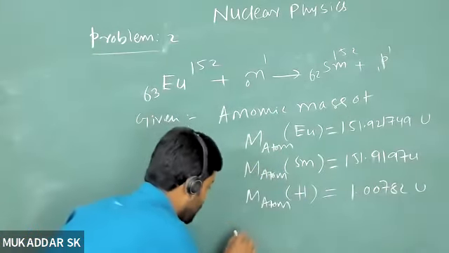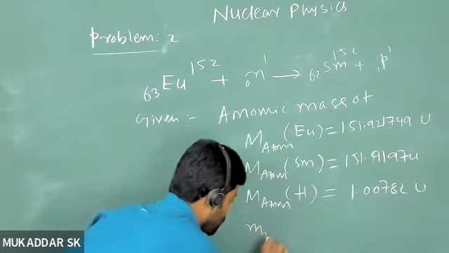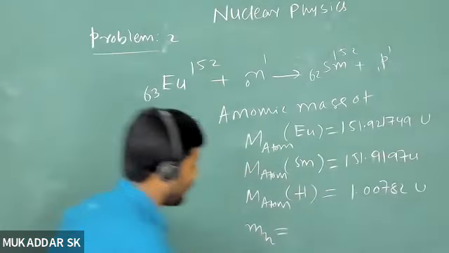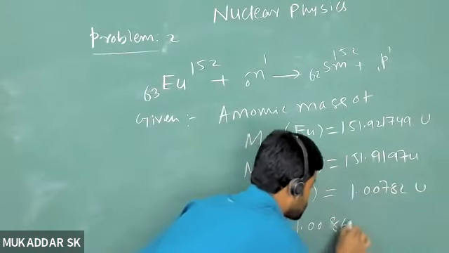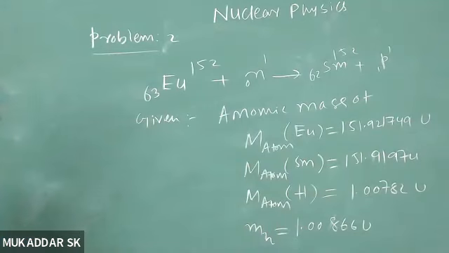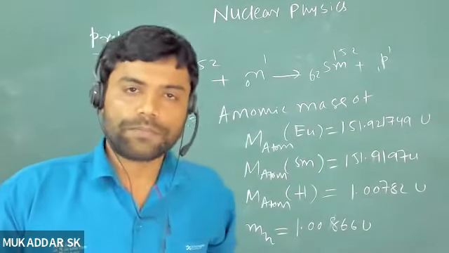And also they have provided you the mass of a neutron, that is 1.00866 U. These are the data they have provided you with that nuclear reaction.